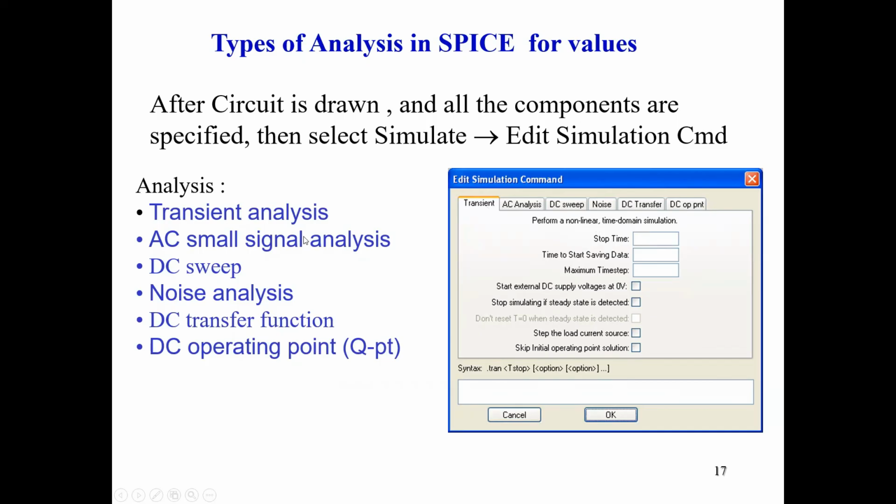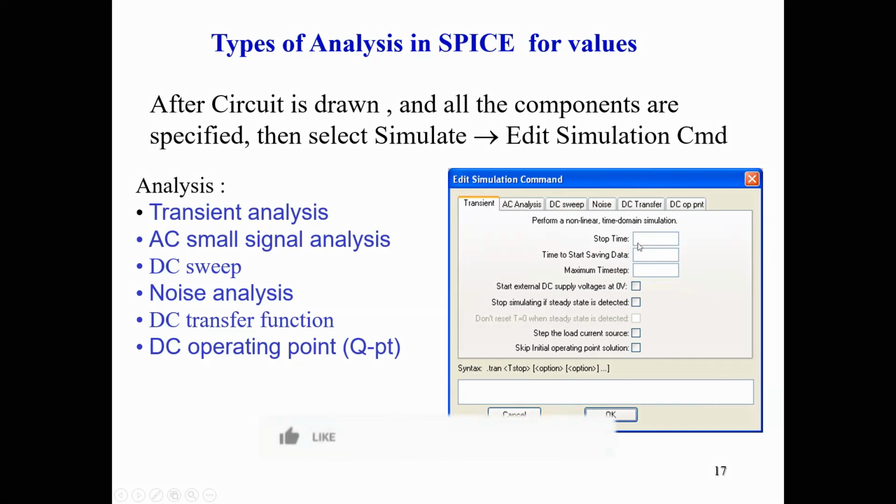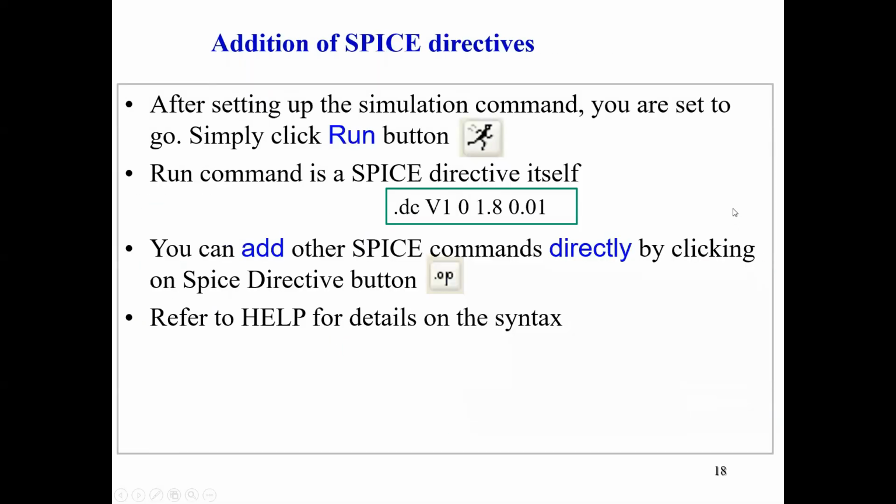There you can place the value for what time you want to stop the analysis, at what time you want to start the analysis, and what the time duration is. So you place it, okay. That will be your analysis. And suppose you want DC analysis, then this will be done. This is the source for which you want the start value of DC, stop value of DC, and then the increment. The increment can be selected on the basis of your previous knowledge.